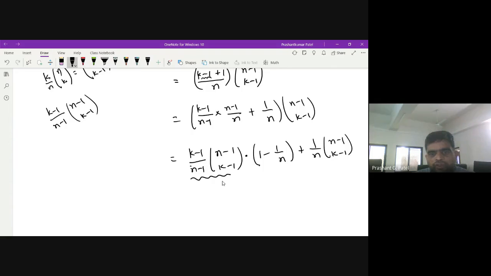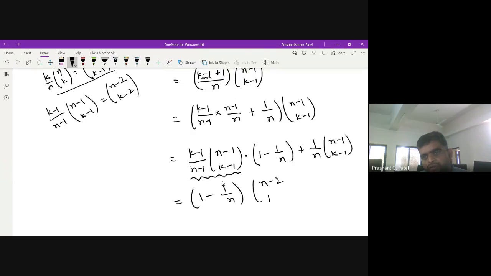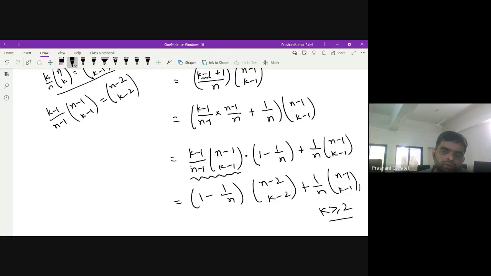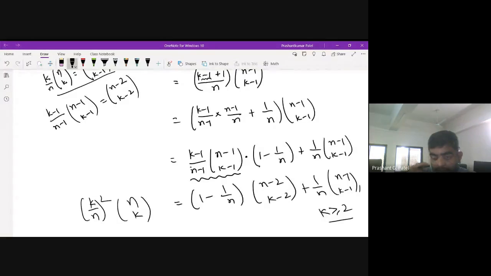And this expression, as per this, we can write as n minus 2 C k minus 2. So we can write 1 minus 1 by n times n minus 2 C k minus 2, plus 1 by n times n minus 1 C k minus 1, which is true for all k greater than or equal to 2, because otherwise this expression n minus 2 C k minus 2 will not be defined. And this is k by n square nCk. This is the expression we have.